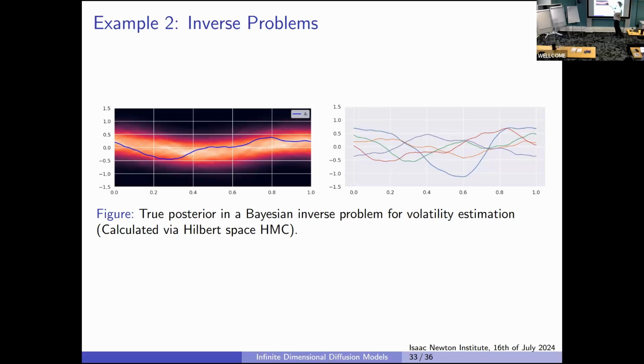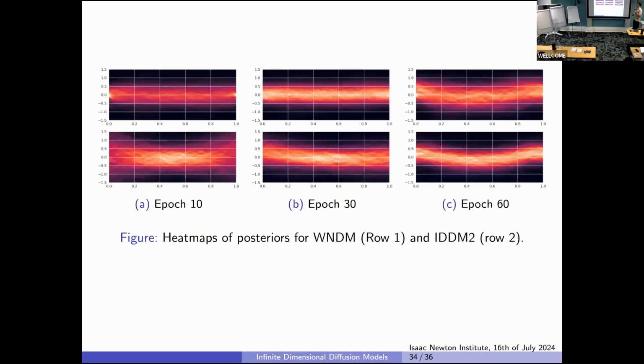Then as a test, we train this with many paired observations. As a test, we inputted one specific observation in the end, for which we generated a true posterior with Hilbert space HMC to get a comparison of how it should look. This is how the true posterior should look like, heat map and sample.